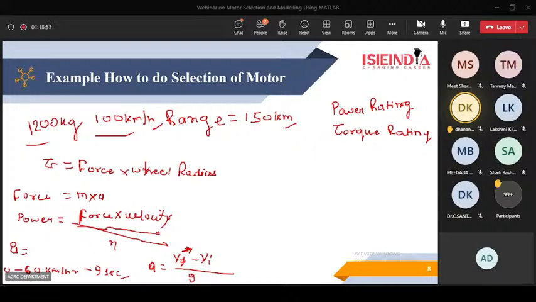Did you divide 60 by 9, or did you convert 60 km per hour to meters per second? I want it in meters per second.